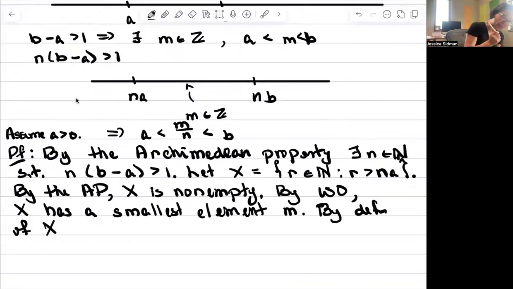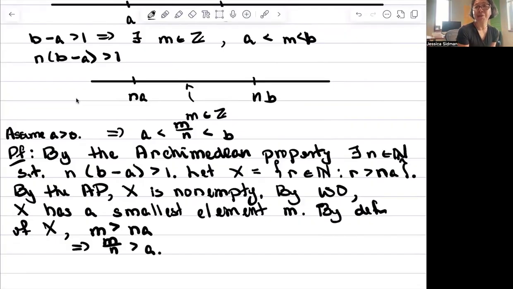So little m is in that set. So by the definition of X, little m is bigger than na. And this tells me also, if I divide through by n, that m over n is bigger than a. So now I have a rational number that's bigger than a, and I'll be done if I can just show that rational number is less than b.